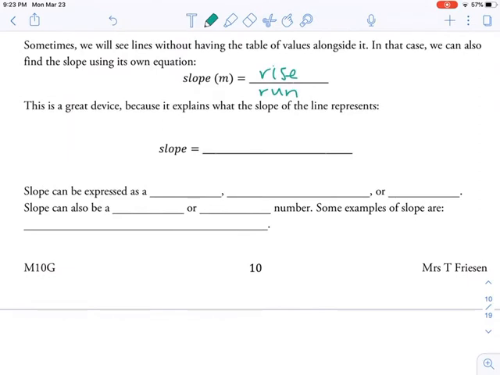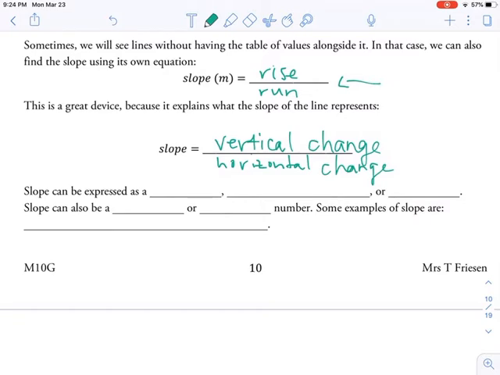It explains on its own, without me having to use many other words, what the slope of the line represents, which is the rise, the vertical change, over the run, the horizontal change. Just a quick note that this is like a fraction line, I'm talking about division here. So rise over run, or vertical change over horizontal change.